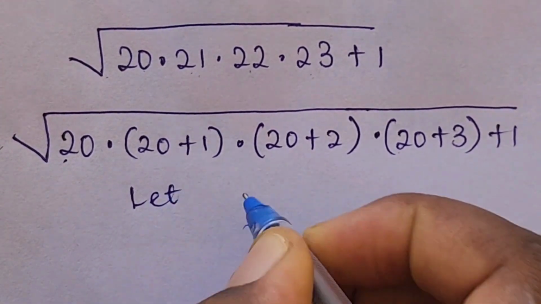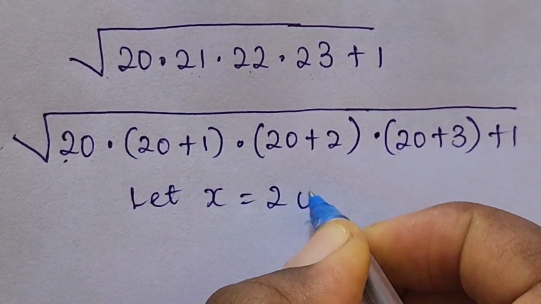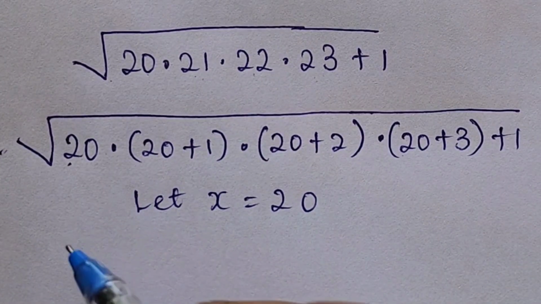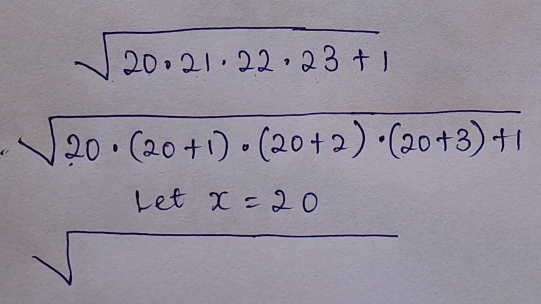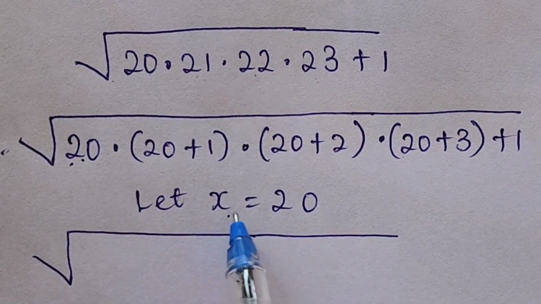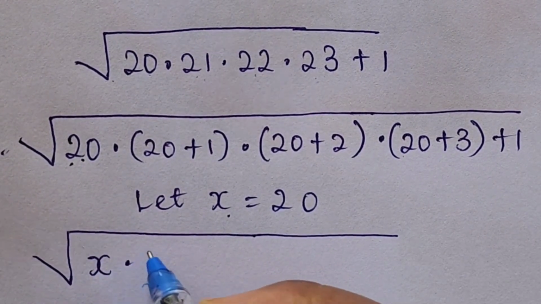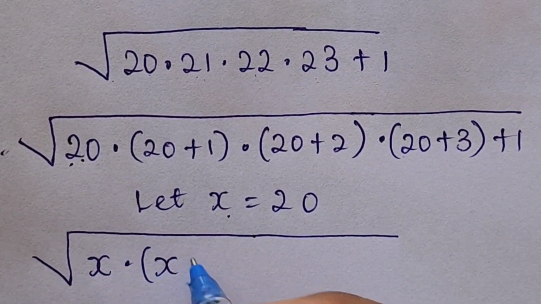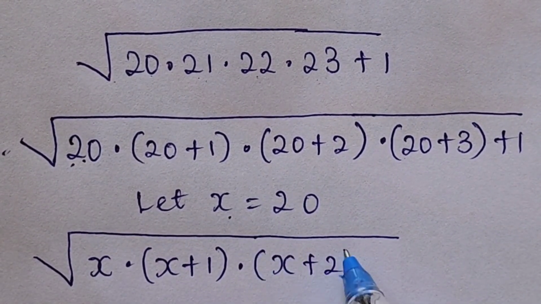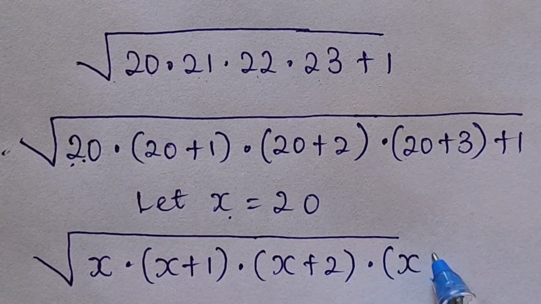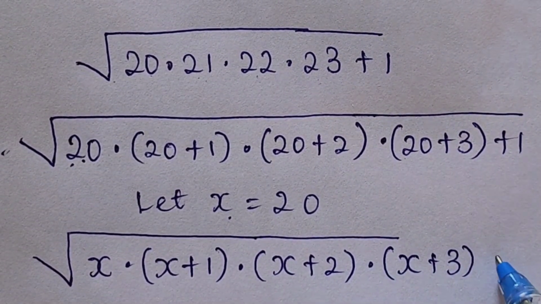Let x be equal to 20. So we have the square root of, we have 20, which is x, times x plus 1, times x plus 2, times x plus 3, plus 1.